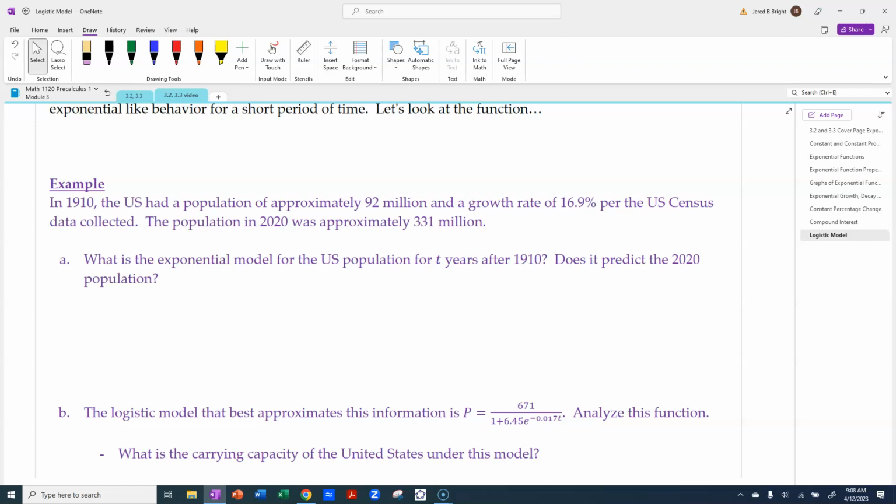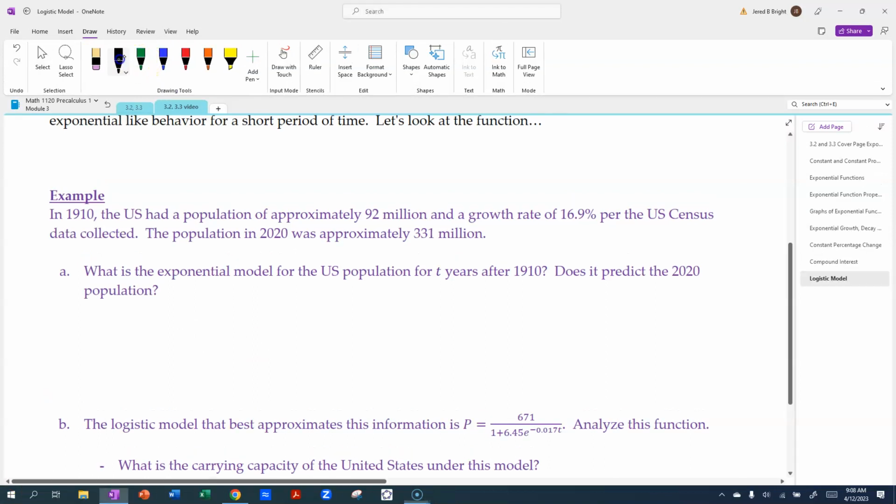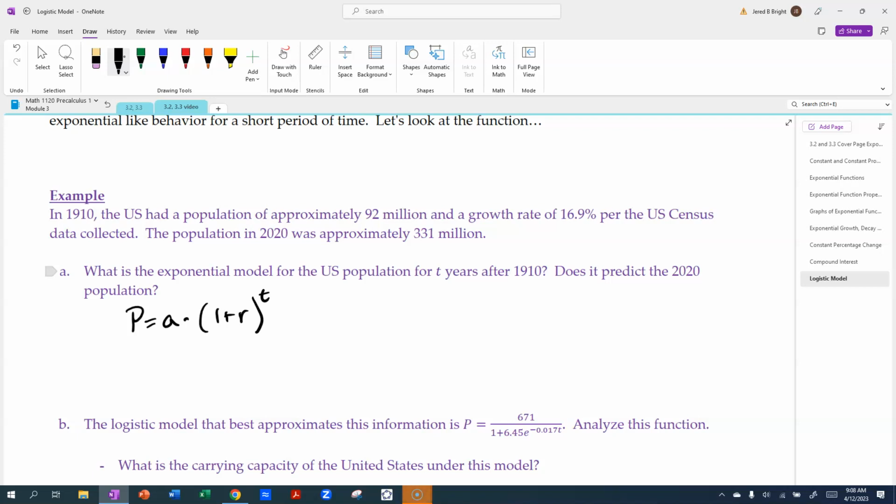Okay, so going through and doing the math now. The exponential model that we would get would be something like population is the initial amount times 1 plus r to the t for time, or x, whatever you want to do, okay? And so what is A? A would be the initial amount.